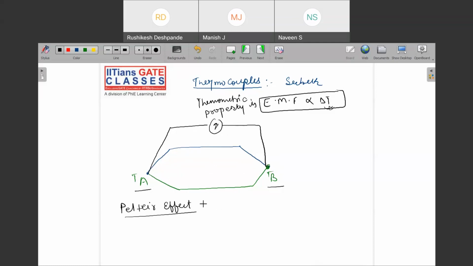This is giving you thermoelectric refrigeration.